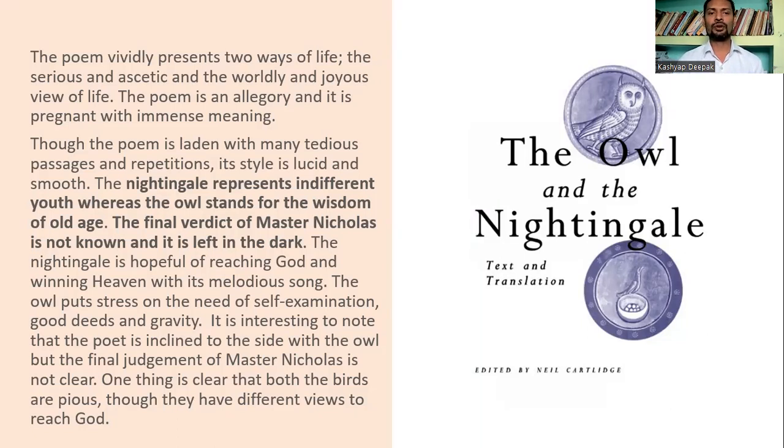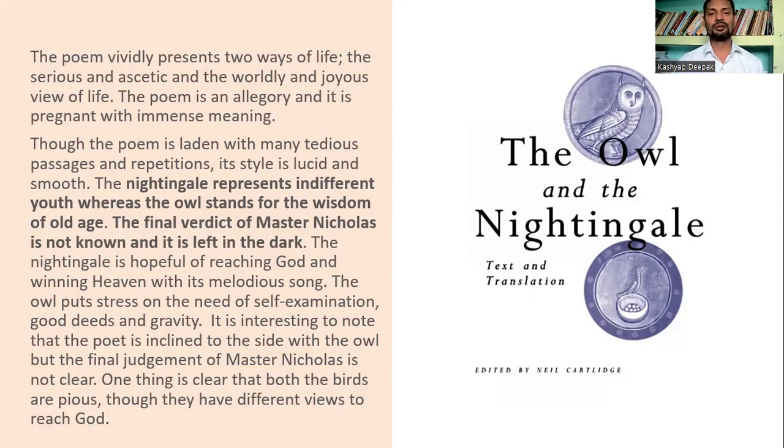The nightingale is hopeful of reaching God and winning heaven with its melodious song. The owl puts stress on the need of self-examination, good deeds and bravery. It is interesting to note that the poet is inclined to the side of the owl, but the final judgment of Master Nicholas is not clear.